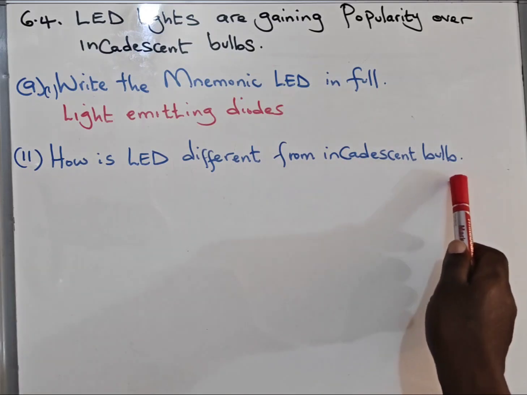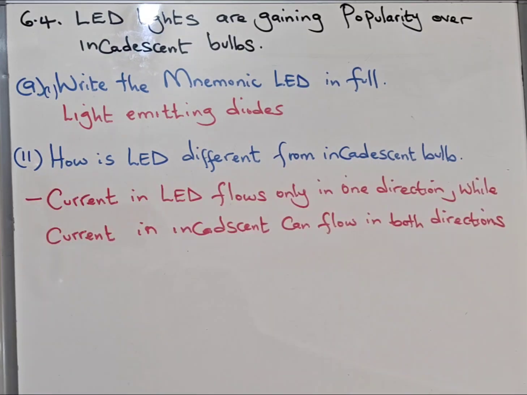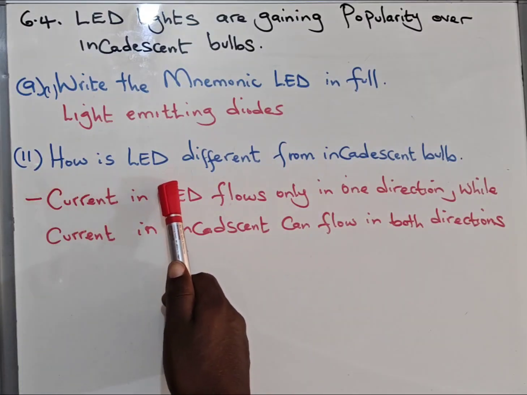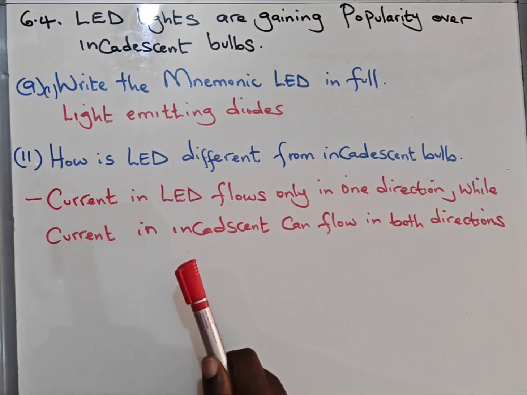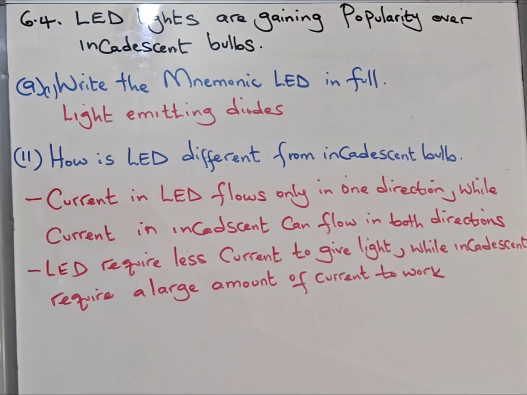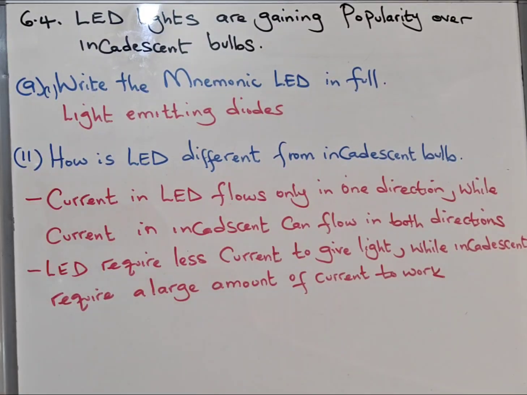While current in incandescent bulb can flow in both directions. The second difference is that LED requires a very small amount of current to give light, so they are energy efficient, while incandescent requires a large amount of heat to give light. So these are the two differences which we have identified here.